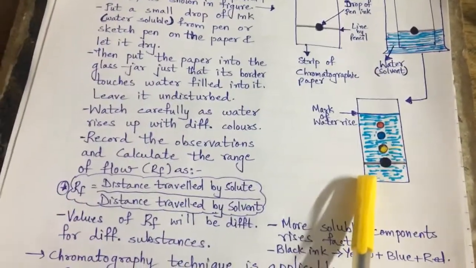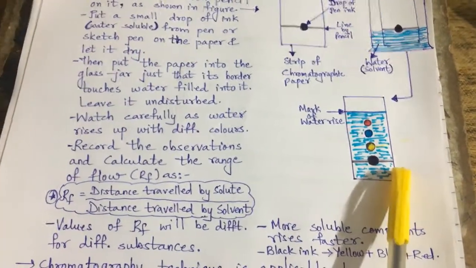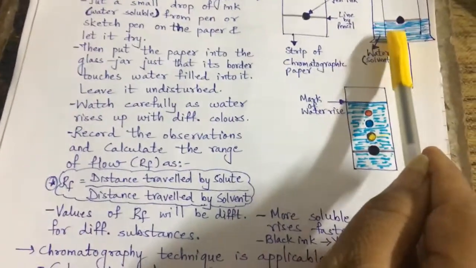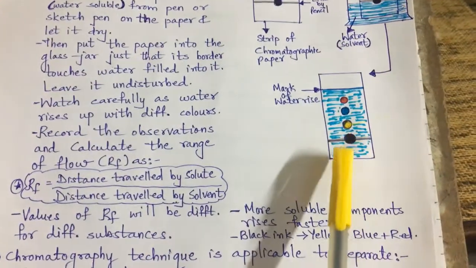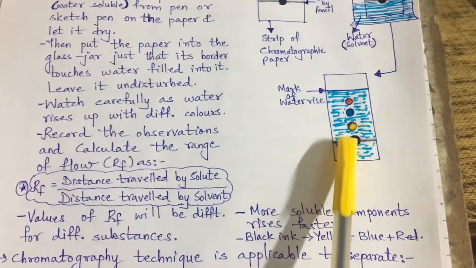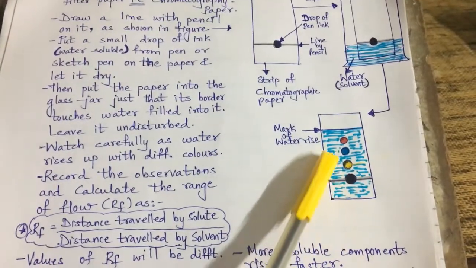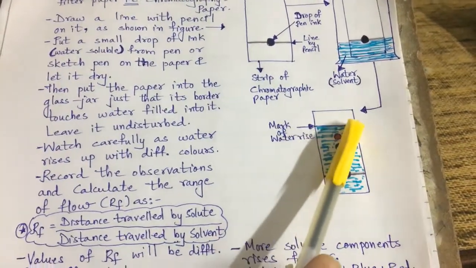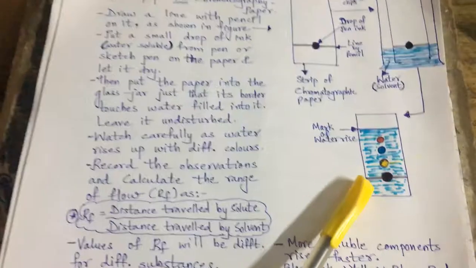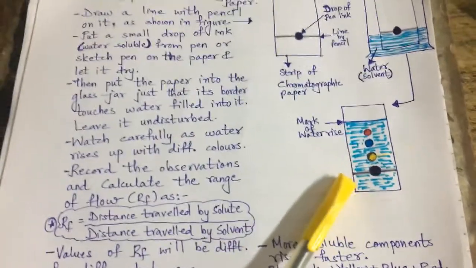What will you observe over here? You will take this strip out, and you will observe that the water which was up to this level has risen up to this level. Mark of the water I have shown here. But along with the rise of the water, what do we see?